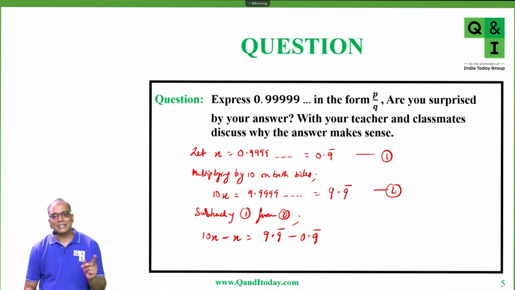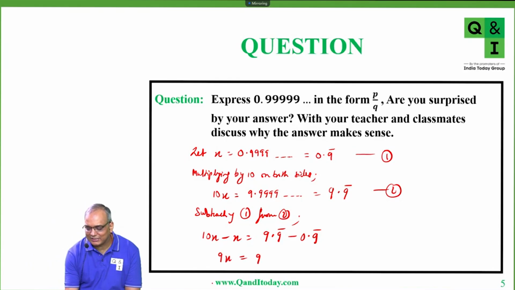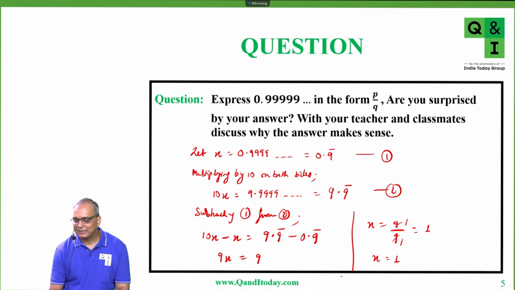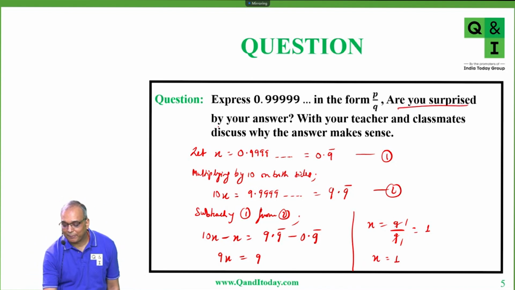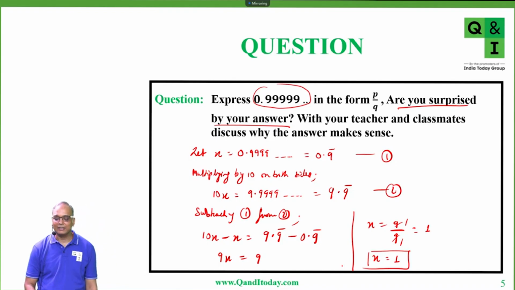The digits after the decimal will get cancelled and you will have 9x is equal to 9, which gives x is equal to 9 by 9, which is equal to 1. So x is equal to 1. Now the second part: are you surprised by your answer? Here it is given that x is 0.9999 and so on, and what we are getting is x is equal to 1.